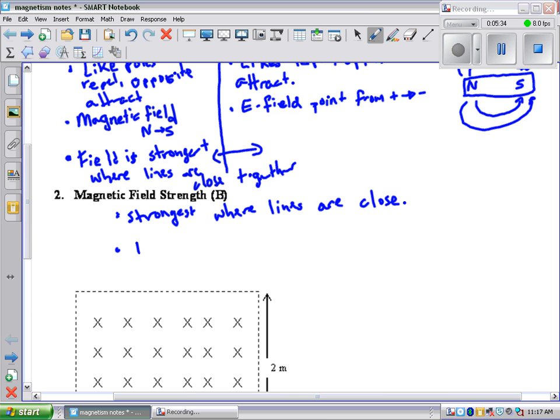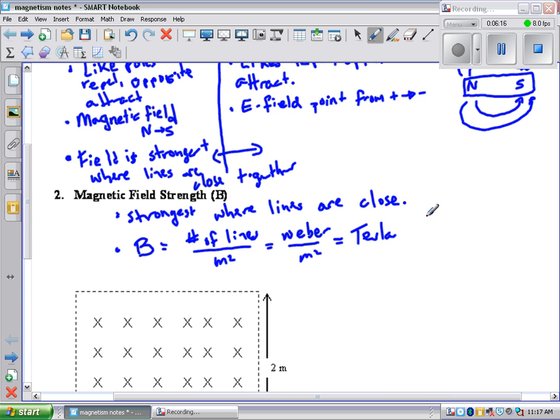The letter for magnetic field is B. You couldn't use M because M was mass, so they picked B. And B is going to equal the number of lines per square meter. Now sometimes they'll call a number of lines Webers. And a Weber per meter squared is equal to a Tesla. So the unit for magnetic field strength can be Weber per meter squared, lines per meter squared, or Tesla. They all mean the same thing.